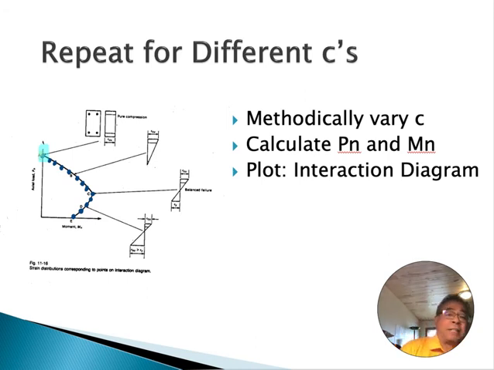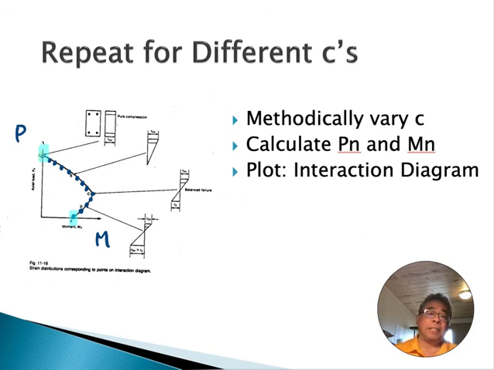This point down here, when P is 0, is pure moment, and that is T equals C, solve for A, Z is d minus A over 2, M equals T times Z. So you know how to do the one on the bottom. The one on the top is the pure axial from the column addition law that we did last lecture.